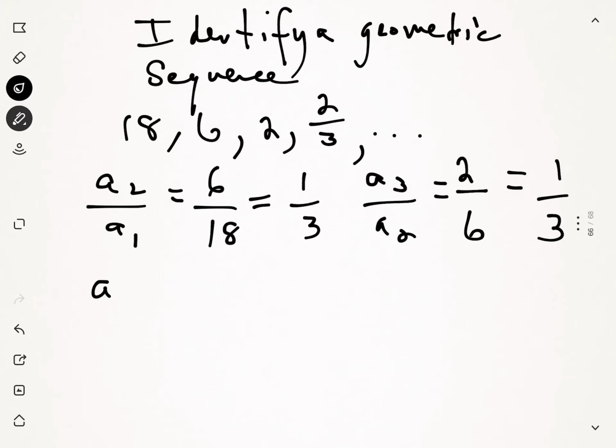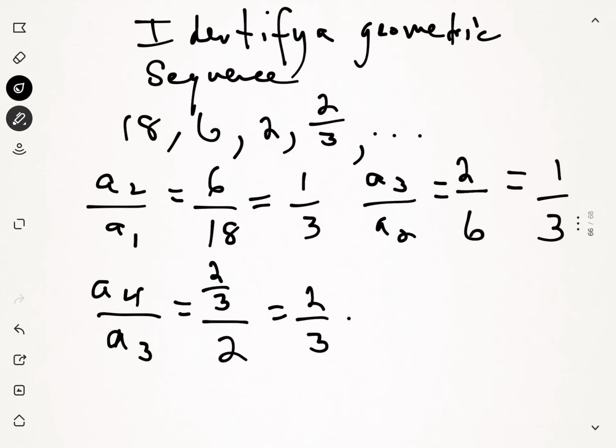And then a4 divided by a3. You'll get 2/3 divided by 2, which is 2/3 times 1/2, and look what you end up with.